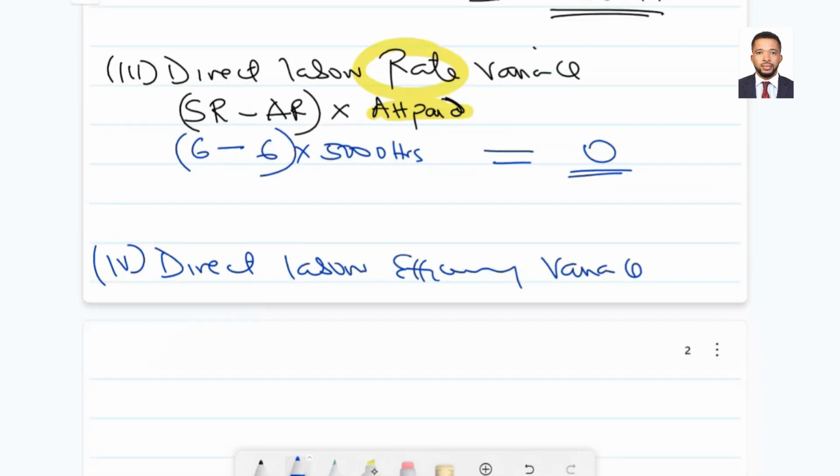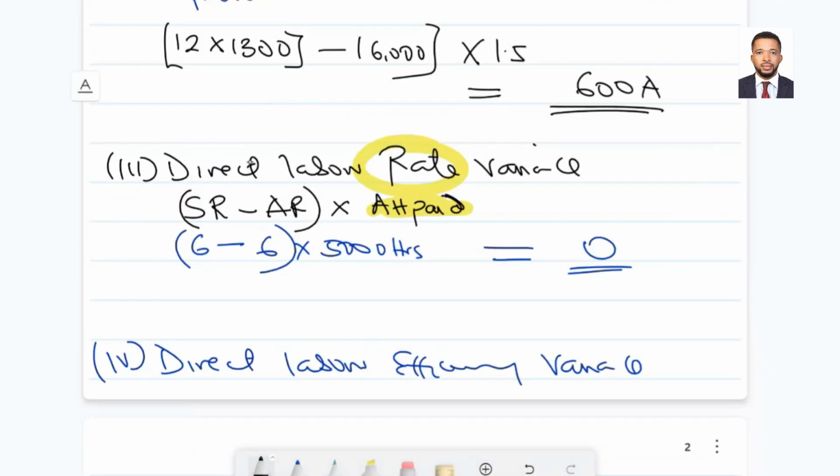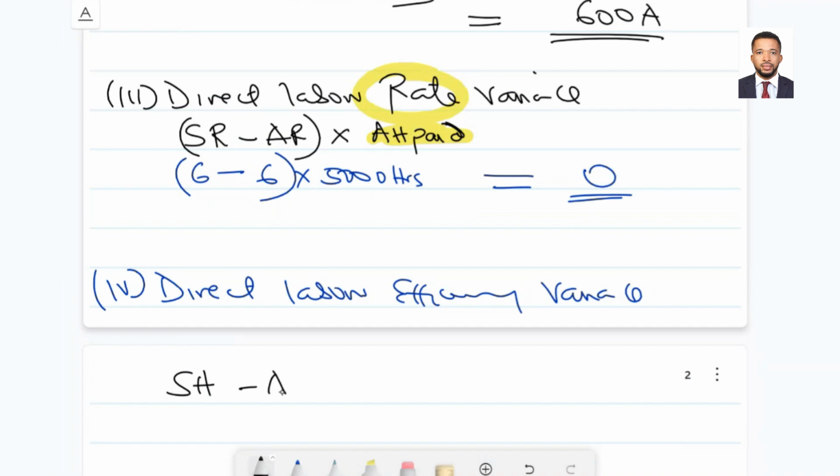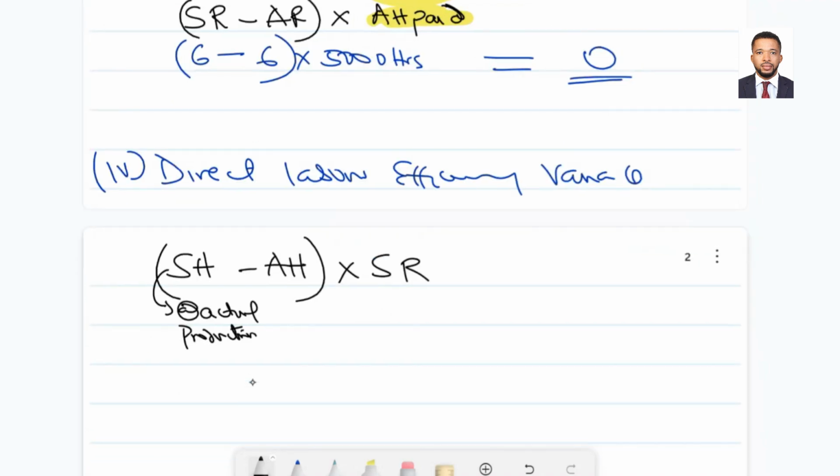So the same formula: instead of standard quantity, it becomes standard hour. Standard hour minus actual hour multiplied by standard rate. Anytime you see standard hour, it must be at actual production. Don't forget, you must flex it.